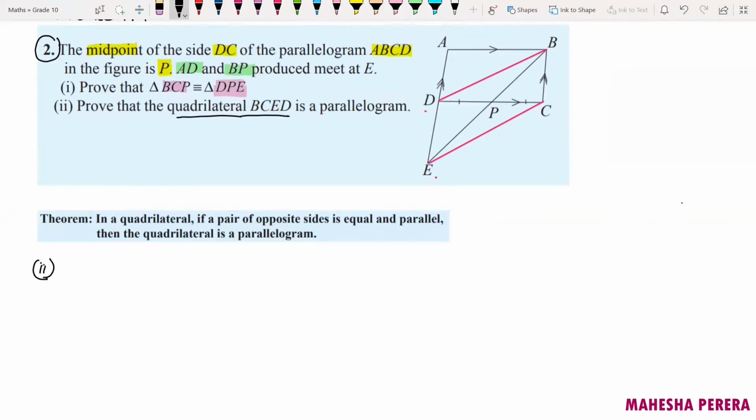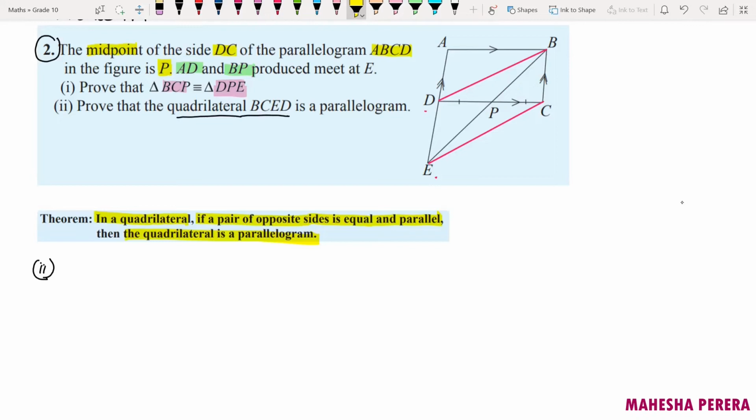Right, now do you remember this theorem? In a quadrilateral, if a pair of opposite sides is equal and parallel, then the quadrilateral is a parallelogram. So in this quadrilateral, if we can find a pair of opposite sides which is equal and parallel, we can easily prove that this quadrilateral is a parallelogram, right?